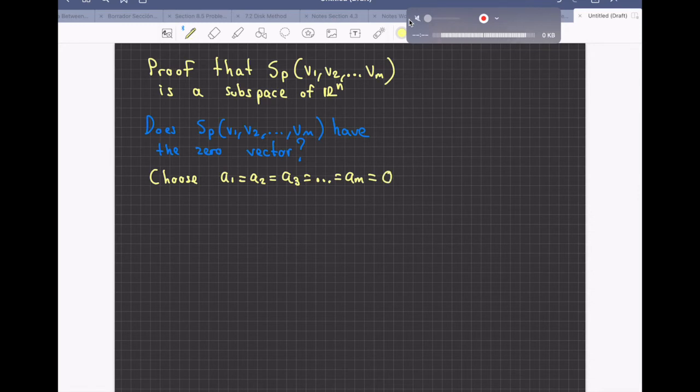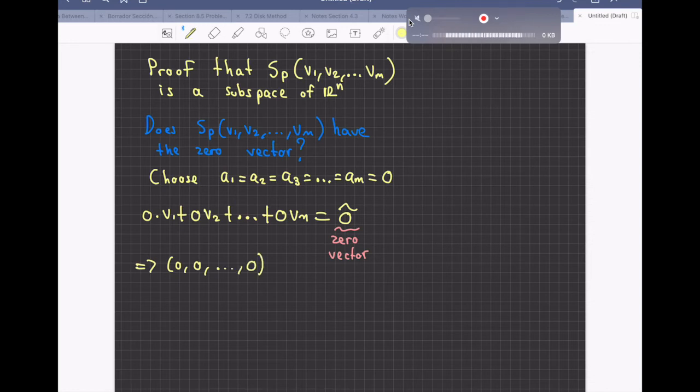Then you will have 0 times b1 plus 0 times b2 and so on up to bm, and this is only the 0 vector, m zeros.